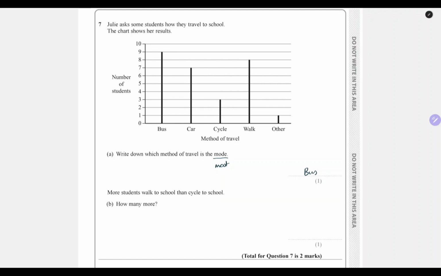Part B says, more students walk to school than cycle to school. How many more? So we can see from the graph that 8 students walk and 3 students cycle. So 8 minus 3 is equal to 5. So 5 more students walk than cycle.